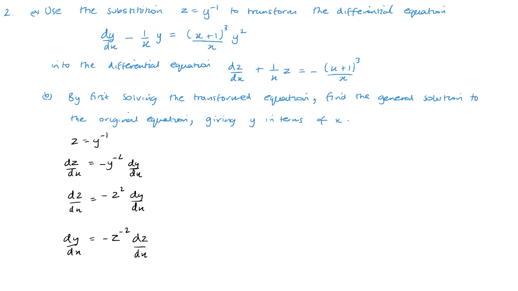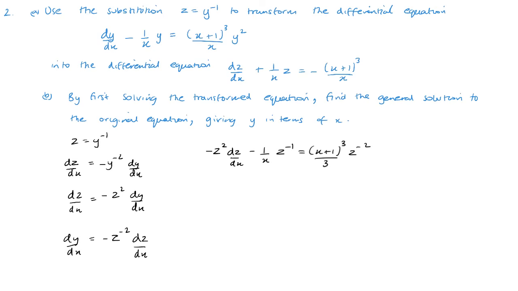So dy by dx is being replaced with minus z squared dz by dx minus now 1 over x, and it's y, so y will be z to the minus 1 equals x plus 1 cubed over 3, and y squared will be z to the minus 2. Okay, so that's what I've got so far.